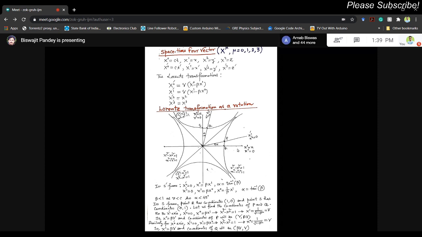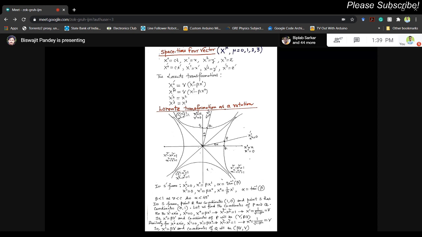Similar to x1 equal to x, we will have x1 prime equal to x prime, and x0 prime equal to 0 will be the space axis in the primed frame. So if I put x0 prime equal to 0 in this equation, to get the space axis in the primed frame, I have to put x0 prime equal to 0.